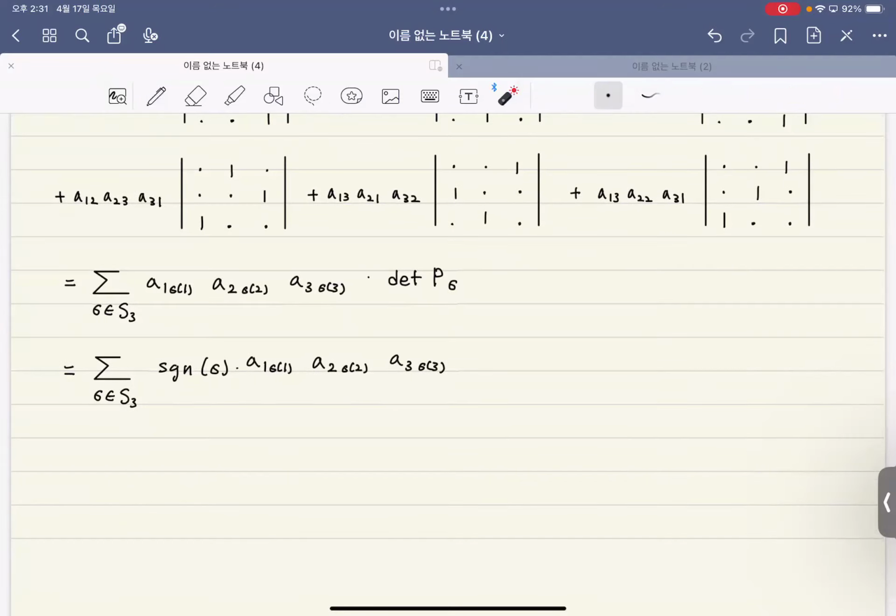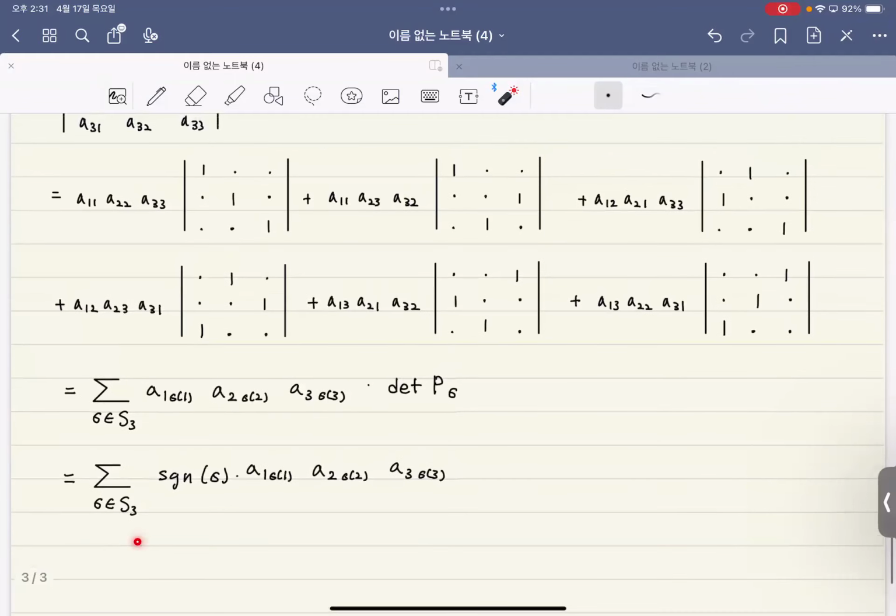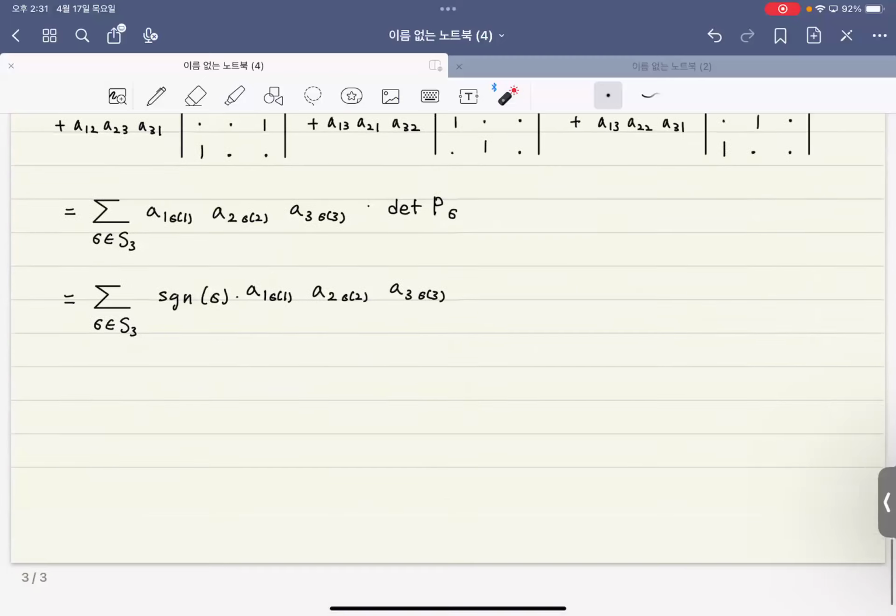Since we arrived at the formula for the determinant of the 3x3 matrix, this trick can be easily applied to higher, so like larger matrices.